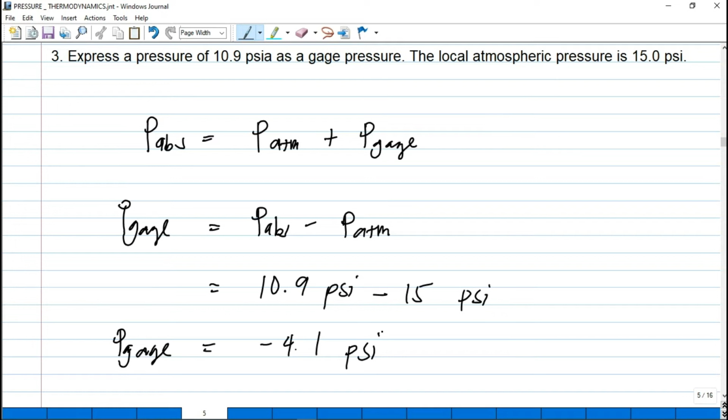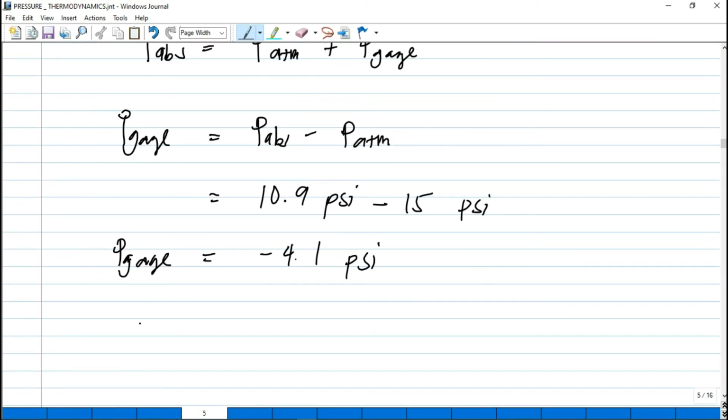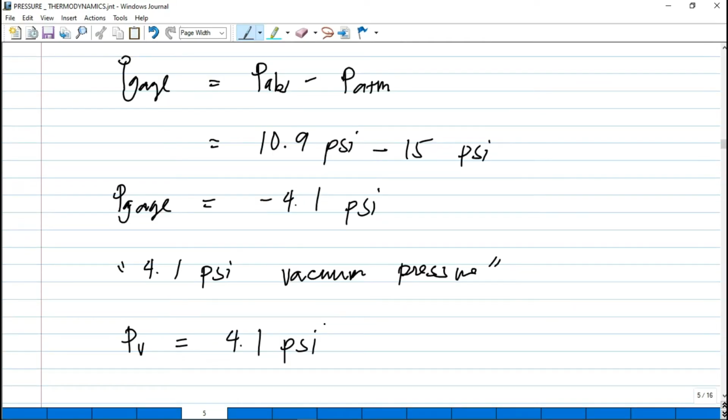Okay guys, so this is a gauge pressure na negative. So we can also say that this is vacuum pressure. Okay, so we can say that this is 4.1 psi vacuum pressure. So pag tinanggal natin guys yung negative sign, ibig sabihin dapat i-transfer din natin yung term niya as vacuum pressure.